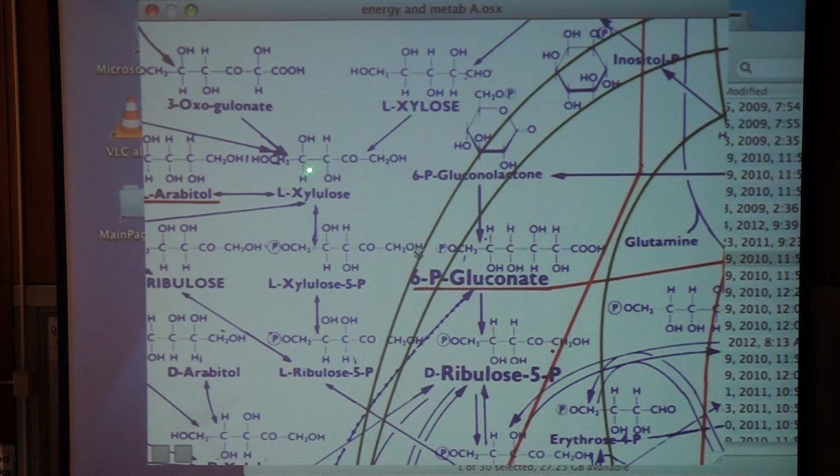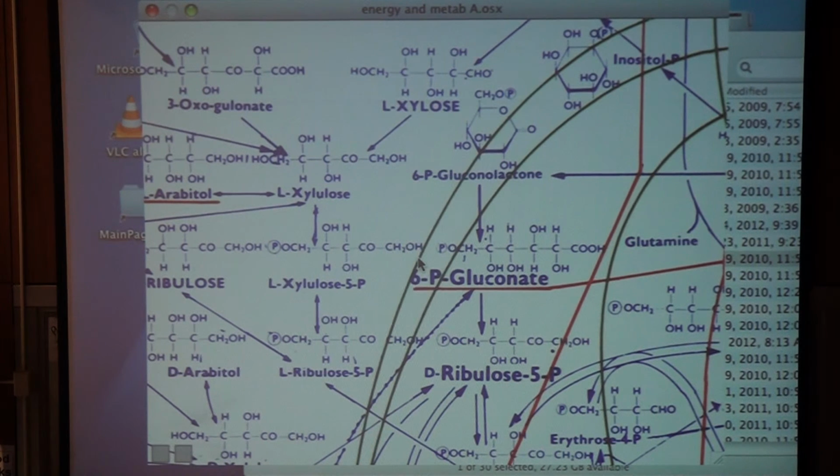This one's L-xylulose, so there's some enzyme that takes that and changes it into L-xylulose 5-phosphate, and then there's another enzyme that takes that and changes it into L-ribulose 5-phosphate, and that, I guess, can be changed into ribulose, which can then be changed into diarabinitol, which can somehow turn into 3-oxygluconates, whatever that is. I mean, just look how complex it looks. And this was just a small part of the chart.